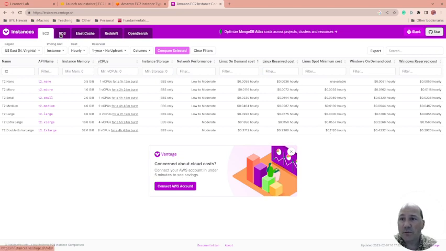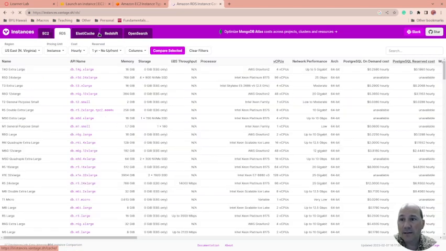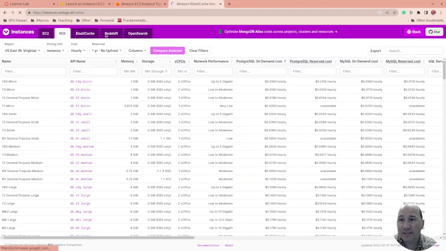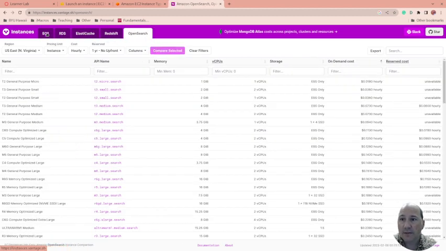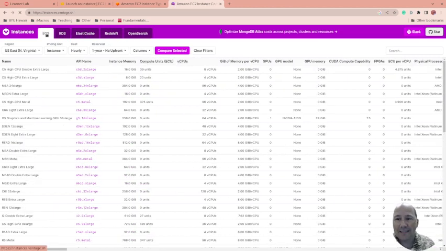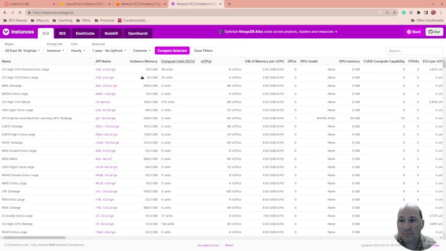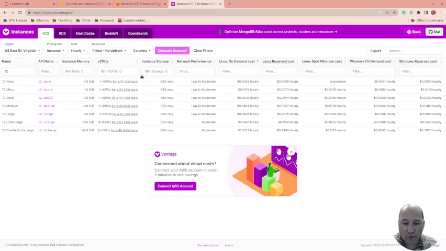But there's RDS for databases. There's Elasticache instances. There's Redshift instances. And there's OpenSearch instances. So there's more than just EC2. And EC2, there's a lot of different things you can do. By the way, with the reserved, right now it's 1 year upfront, but let's just change this. So we have the T2.